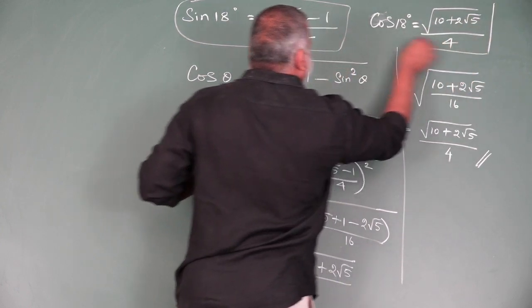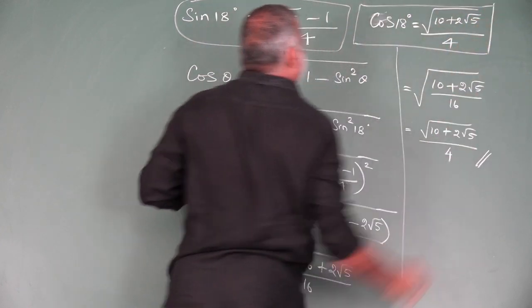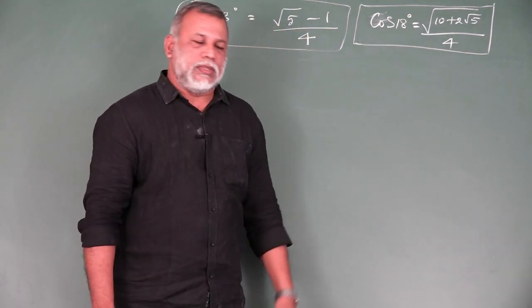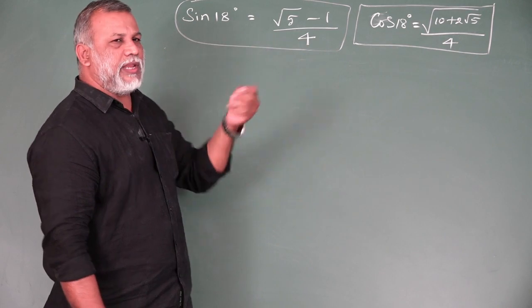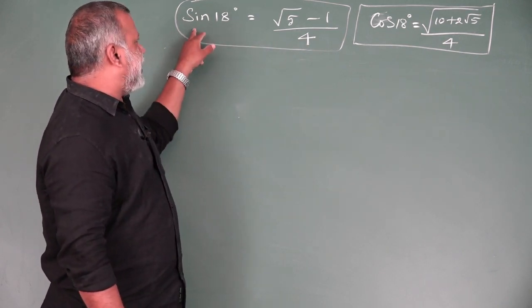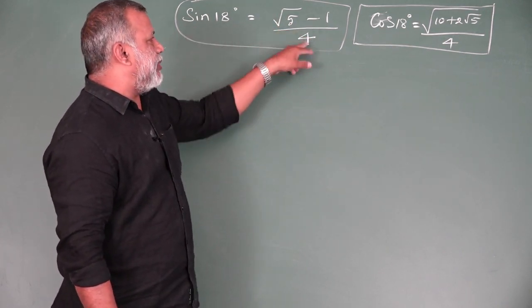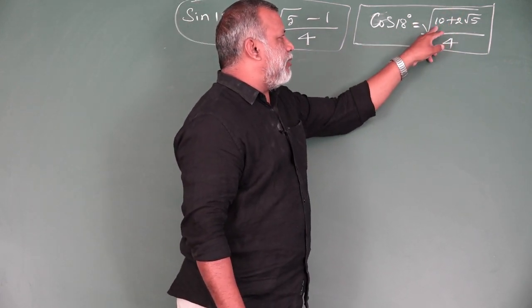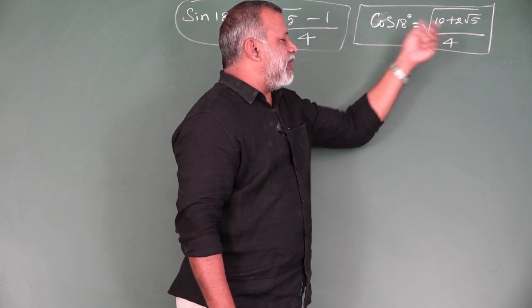This is the second result we required. Listen students, now we derived two results. One result is sine 18 degrees, root 5 minus 1 divided by 4. Cos 18 degrees equals square root of 10 plus 2 root 5 divided by 4.